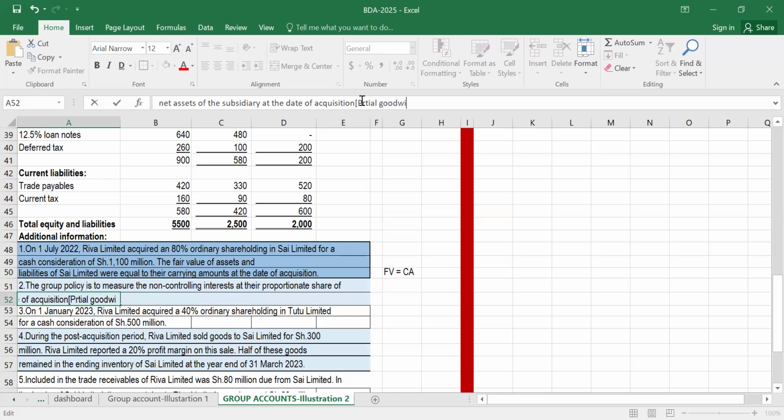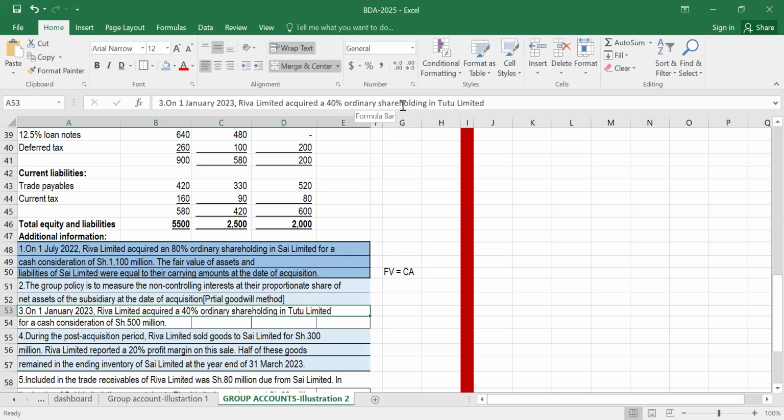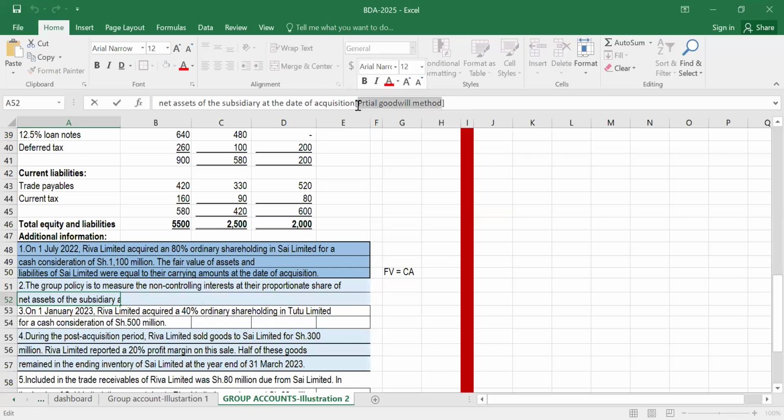But if, for example, in this case, we were told that it is a policy of the group to measure the non-controlling interest at the fair value, then in such a case, you compute the goodwill using the full goodwill method.